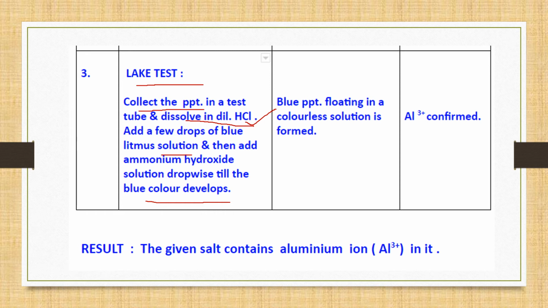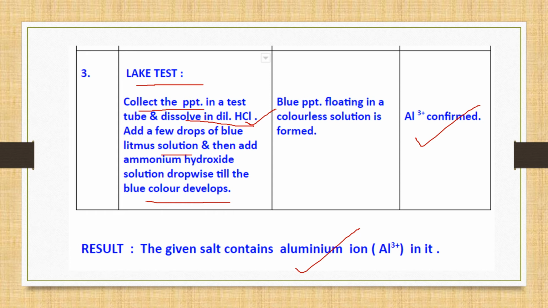Reason being, the aluminum hydroxide that you are getting here is a white precipitate and it will be absorbing the blue color of the litmus on it and it will give you the appearance of a lake. That is why it is called the lake test, and this test confirms that there is Al3 plus in the given salt. Then we'll write the result. The given salt contains Al3 plus ion in it.